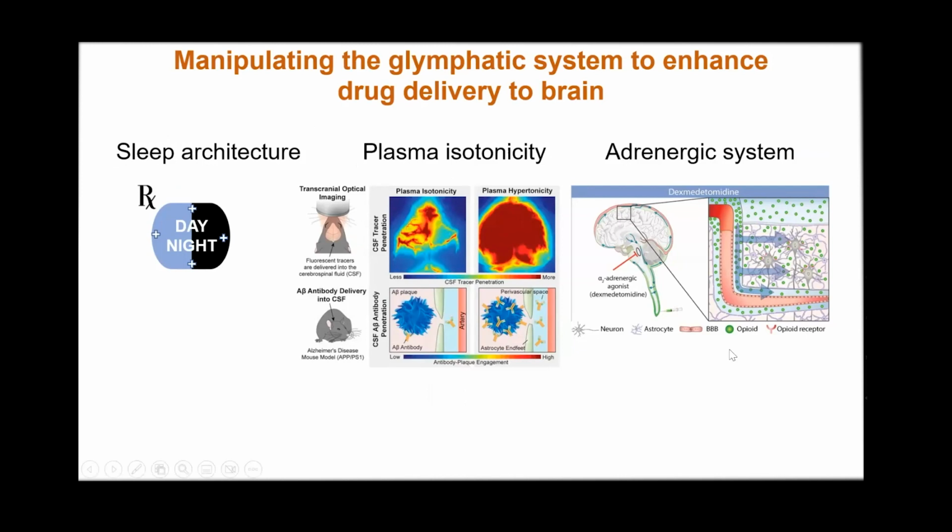So maybe I can just go to the clinical part of it. So the sleep architecture can be explored when you increase the slow wave oscillations to improve the glymphatic function. And also the plasma isotonicity, where you can alter the osmolarity of the CSF in such a way that you create a gradient between the blood pool and the CSF pool, and you have more of the drug getting into the CSF space.